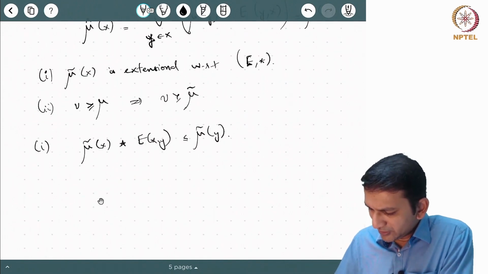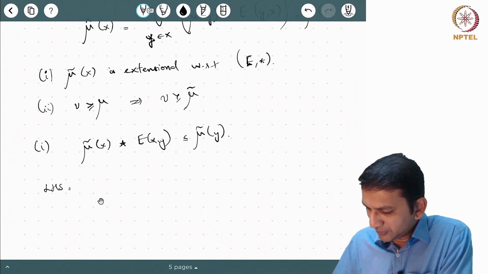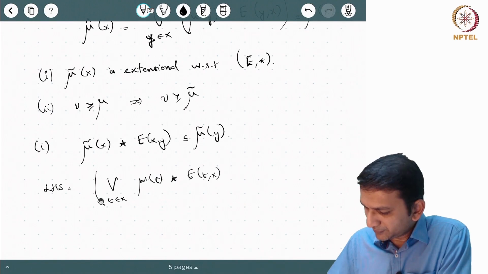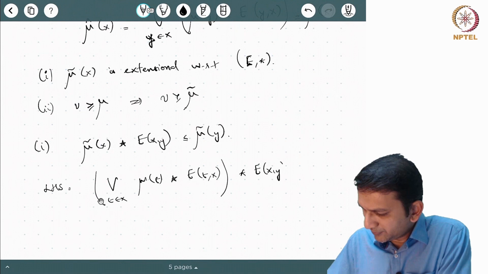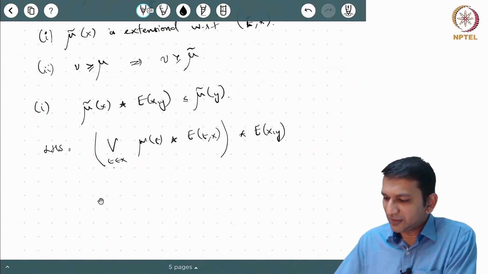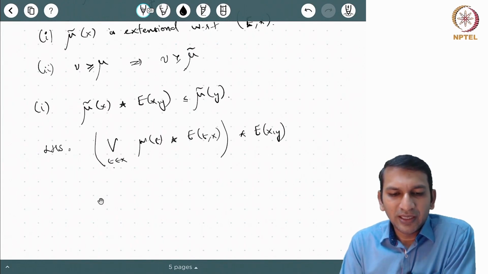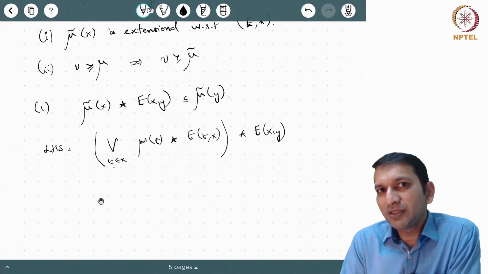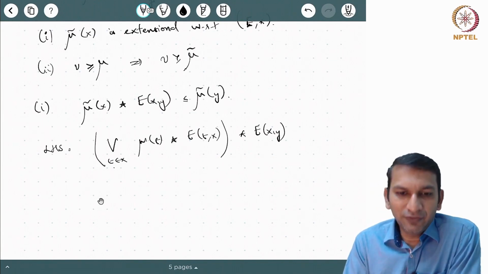Let's prove one. To prove one means we need to show mu tilde of x star E(x,y) is less than or equal to mu tilde of y. Let's look at the LHS. This is mu tilde of x, the supremum over t element of X, of mu(t) star E(t,x), star E(x,y). Now, this is supremum over t and this is star. We know that star is a t-norm. It's coming from a residuated lattice, which means it is in fact left continuous.